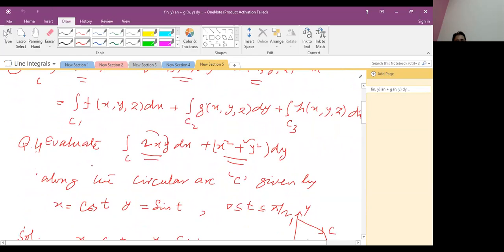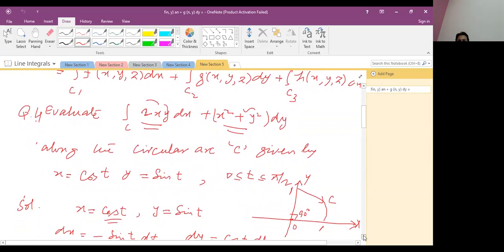According to this definition, student, evaluate the line integral of 2xy dx plus (x square plus y square) dy along the circular arc C given by x is equal to cos t, y is equal to sin t, with the limit from 0 to pi by 2.